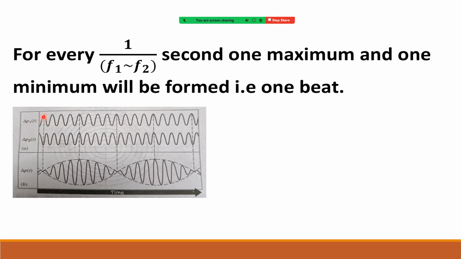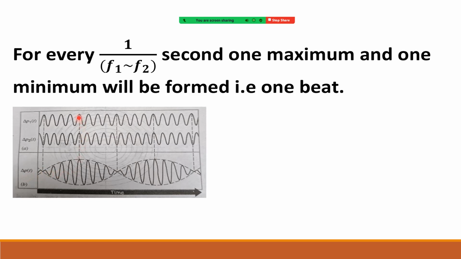Now see what happens here. This is what we call destructive interference. Destructive means compression falling on rarefaction. Then delta P is 0. This is now minimum intensity.